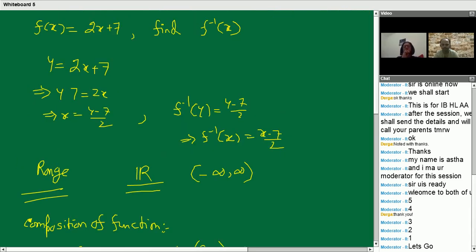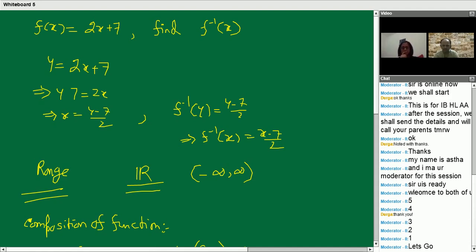Isn't the f of f inverse going to give you x? Isn't that like a rule or something? Okay. Why do you think so? No, I was just asking if it's a rule or something. Yeah, it might be.